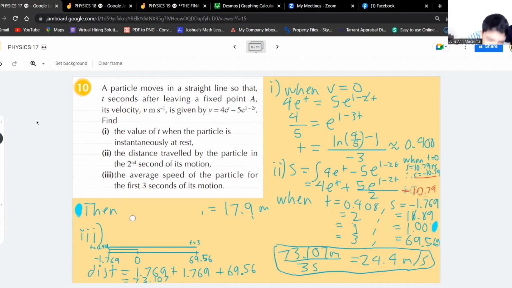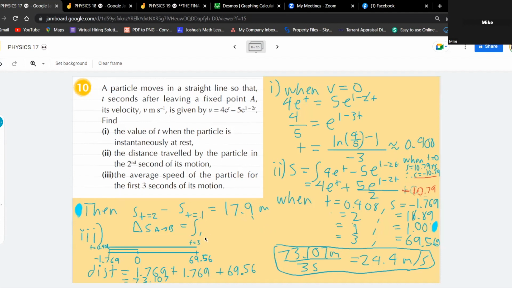So, delta S from 1 to 2. So, delta S from A to B na lang, is equal to the integral from A to B of V dt.